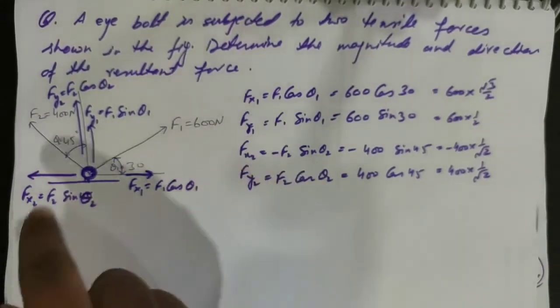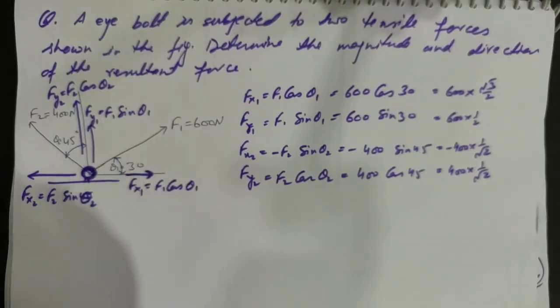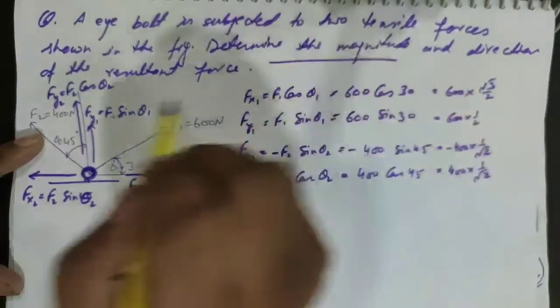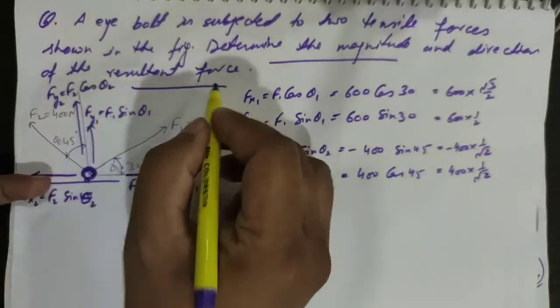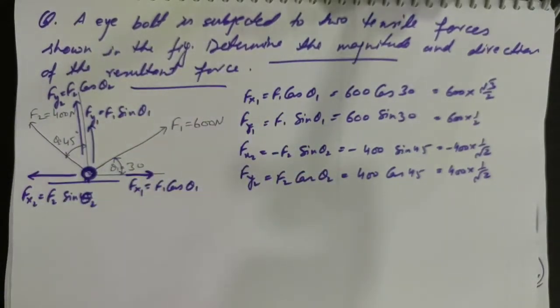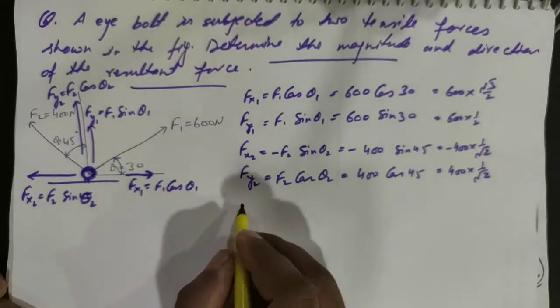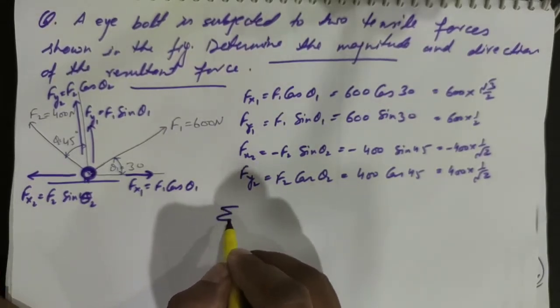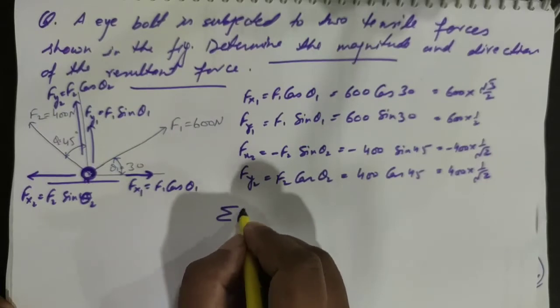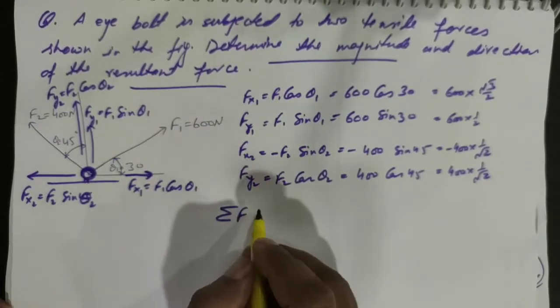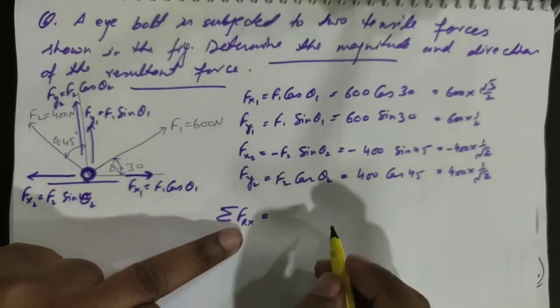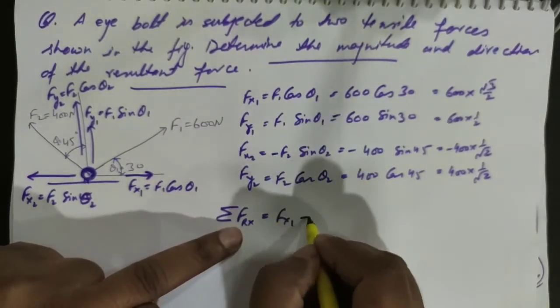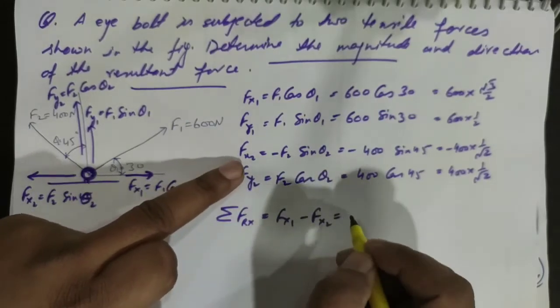Here we split the components of those forces, and now we need to determine the magnitude and direction of the resultant force. First we have to find the resultant force. Here horizontal and vertical forces are there, so first we calculate the resultant force in the x direction. Frx, the resultant in the x direction, is Fx1 minus Fx2 because the directions are opposite.